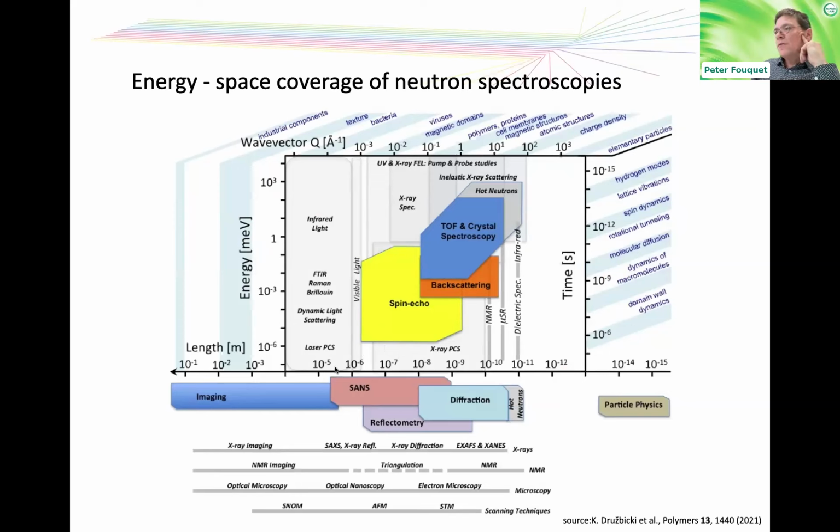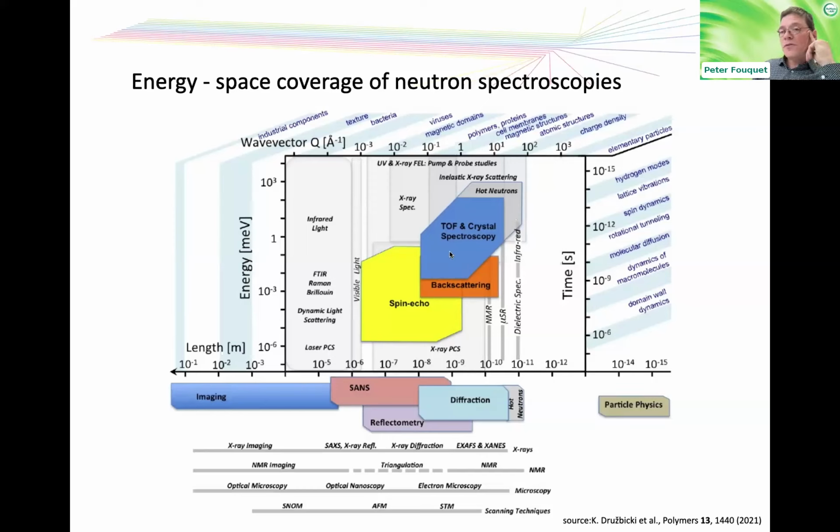You see the length scale displayed on the bottom line here, from the micrometer to the nanometer and below. And then you have the time scales that are between microsecond and picosecond and below. And this can all be covered at the same time.